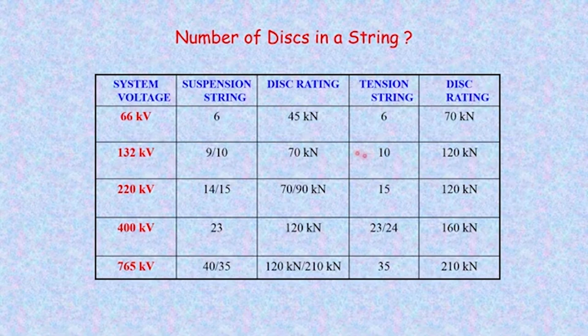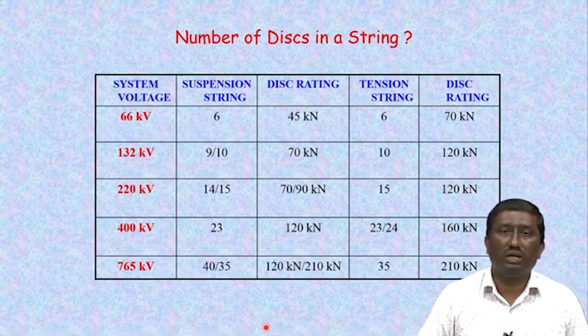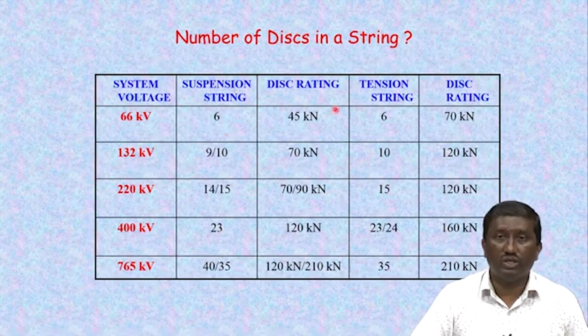As the voltage level goes up, for the system voltage of 66 kV you can see 5 to 6 insulators being used in the field, and the disc rating could be 45 kilonewtons mechanical strength. For suspension, normally 6 are employed, and tension also 6.